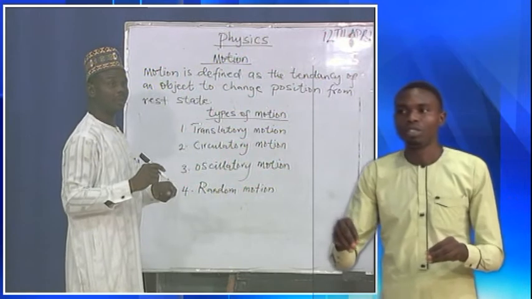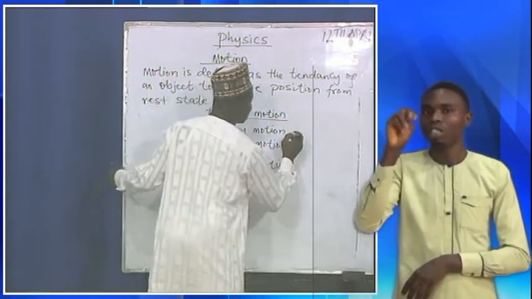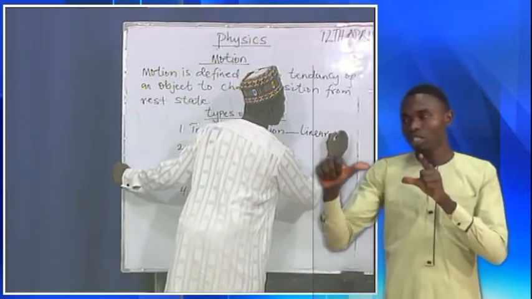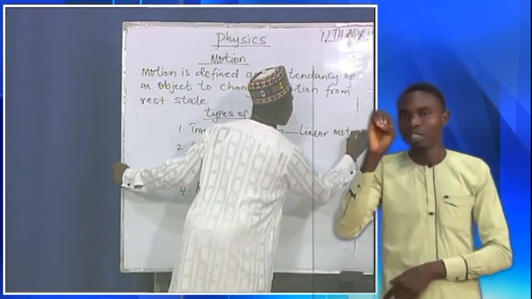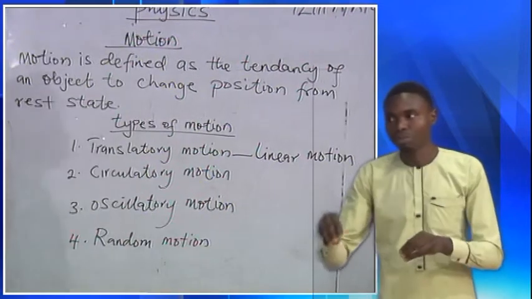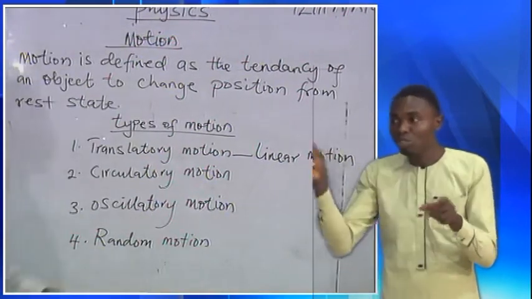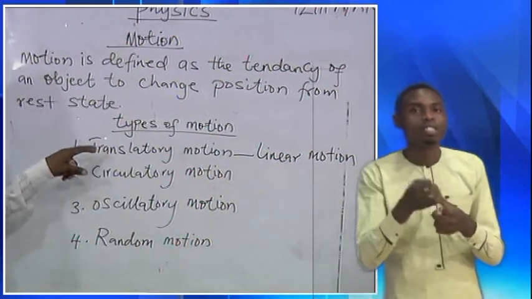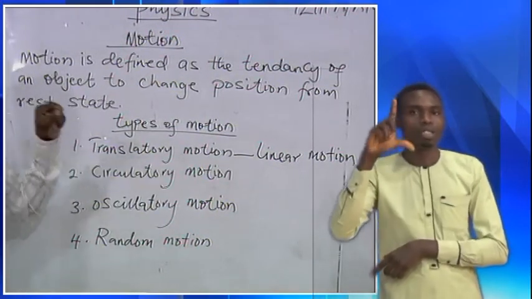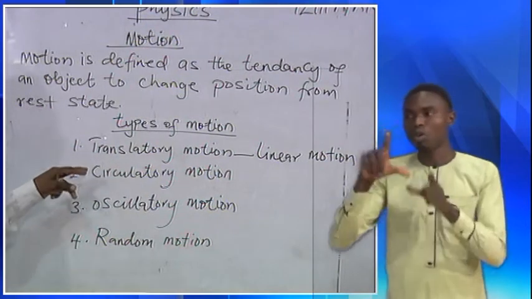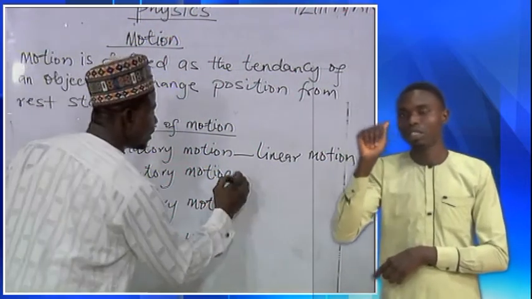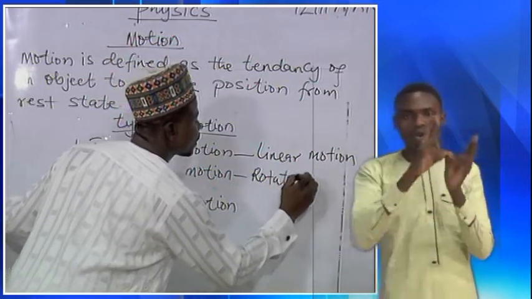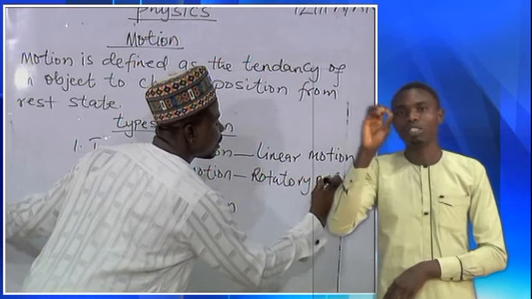Translatory motion is otherwise called linear. Linear what? Motion. So don't get confused, so that you don't say, I only saw linear motion, I have not seen translatory motion. They are the same. Translatory motion or linear motion, they are the same. Circulatory, rotatory motion, please.